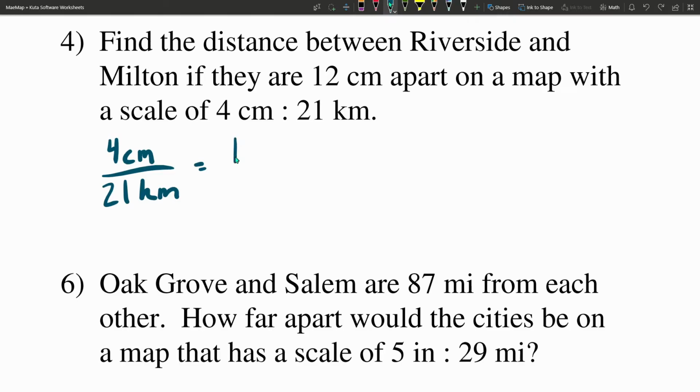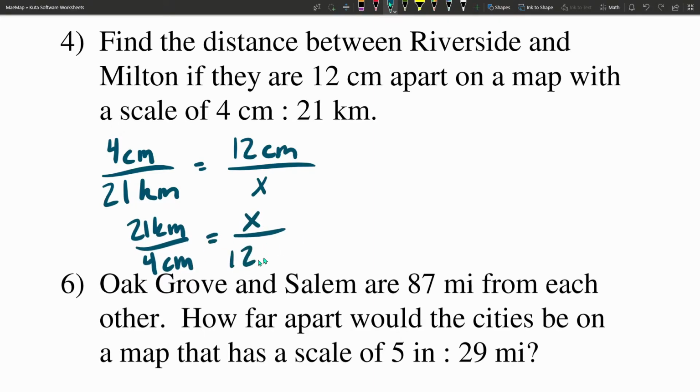So keeping our centimeters in our numerator, our denominator is going to be our unknown. So what's the actual distance between those two towns or cities? So we're going to have to solve for x, which is going to require a little bit more than a one-step equation, or to make this easier, I can just rewrite this proportion. Let's flip our fractions around.